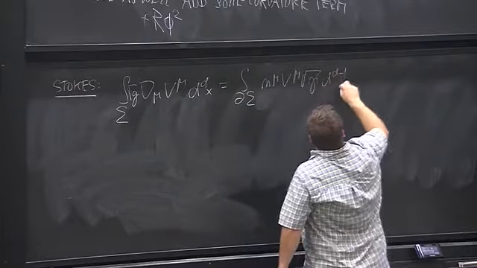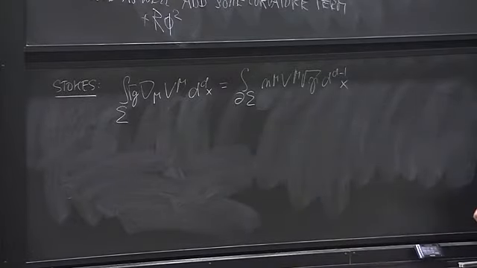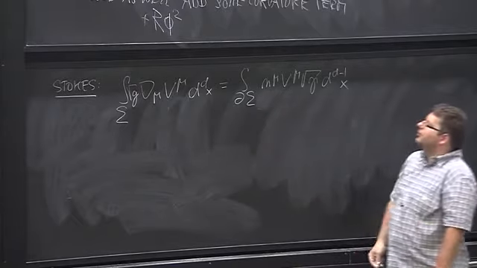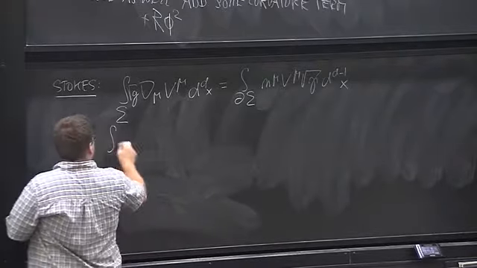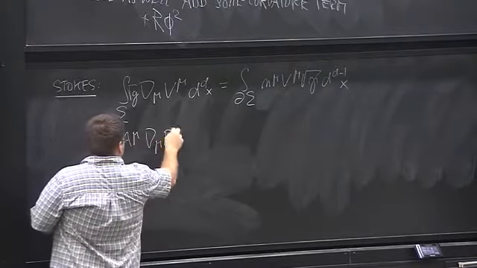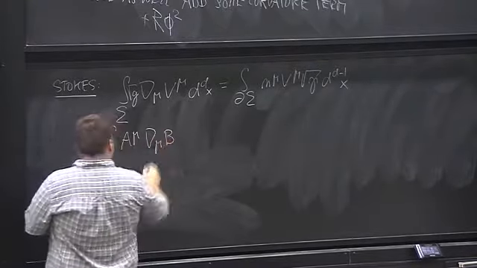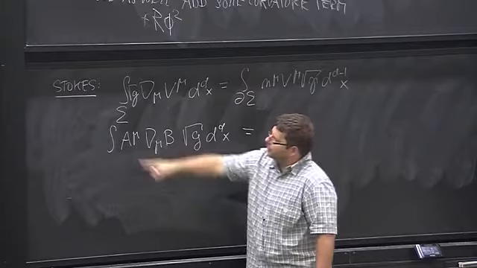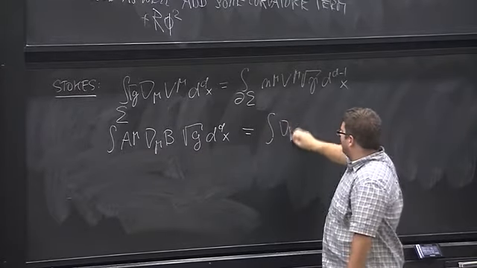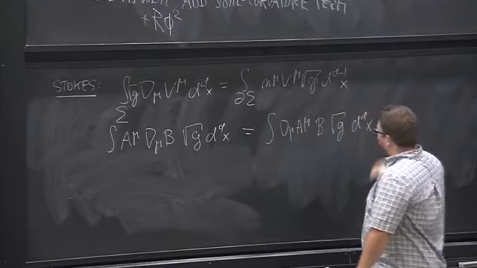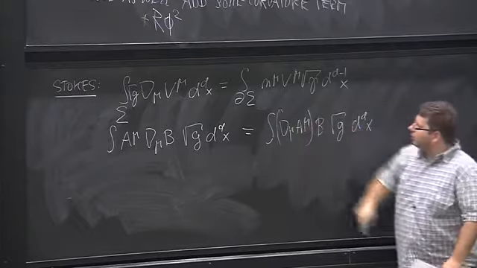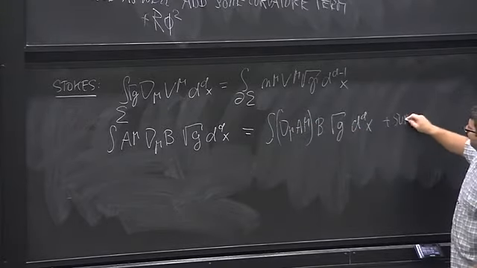Okay, so I'm just turning a volume integral into a surface integral. But what it means in practice is that if I have the following expression, A^mu nabla_mu acting on B, square root of g d^dx, then I can shift the derivative from B to A. So this is an integral of nabla_mu A^mu times B, square root of g d^dx, plus the surface term.